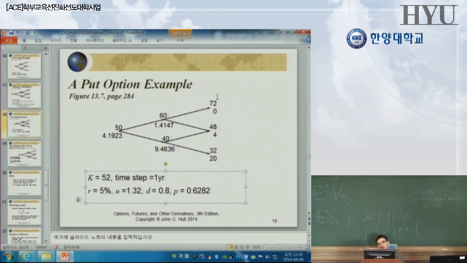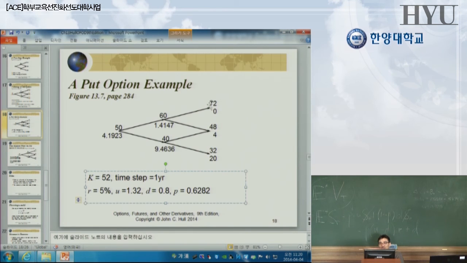I don't want to do that, so I don't exercise the option. So the option pays 0. When the asset price is 48, I can sell an asset worth 48 at 52. So I exercise. So the value of my option is 4. When the stock price is 32, again I can sell this at 52, so I make 20. Okay, 0, 4, 20.